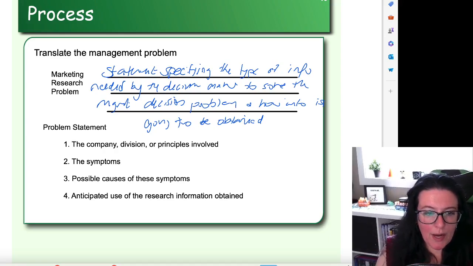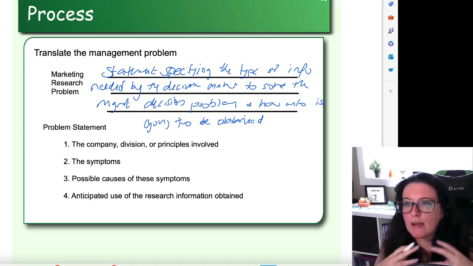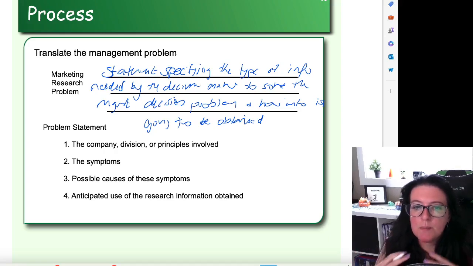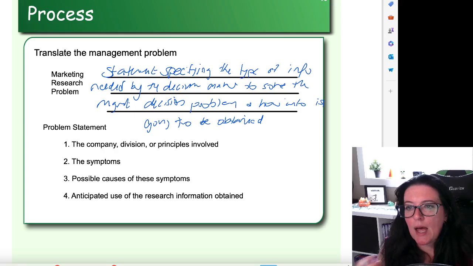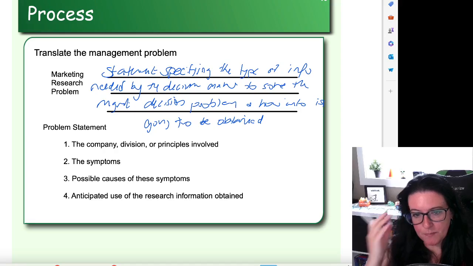So typically you'll create a problem statement that turns the management decision problem into a marketing research problem. So your problem statement is going to recognize the company, division, principles involved, the symptoms that they're observing, and possible causes of those symptoms.